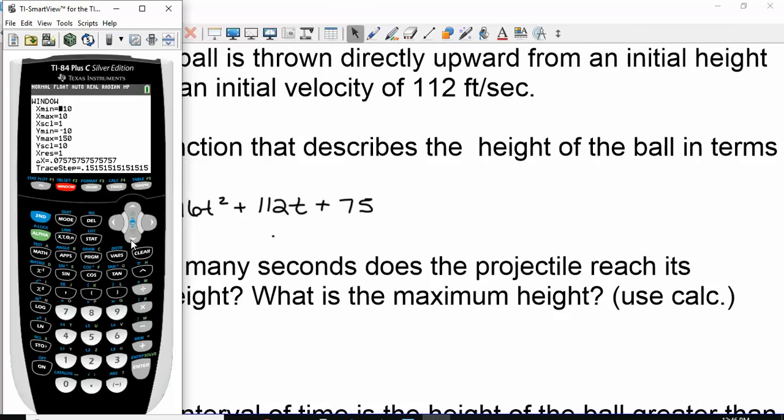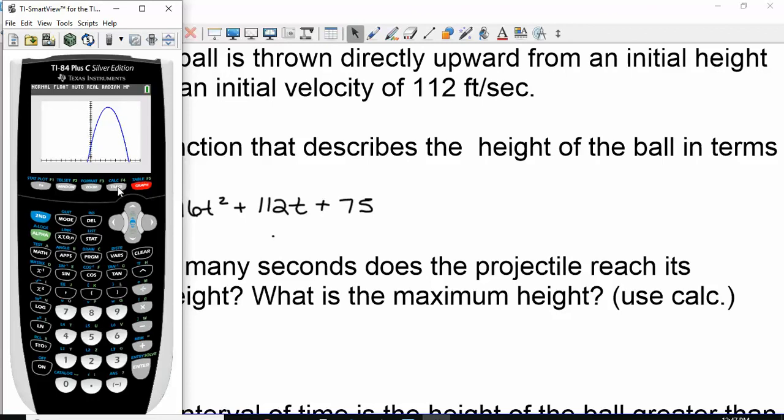No. So let's try 250? 200 doesn't. Okay. 300. Whoops, not 3,000. That would be way too much. Let's see if that shows us what we want. There we go. So that right there is where we have our maximum height.